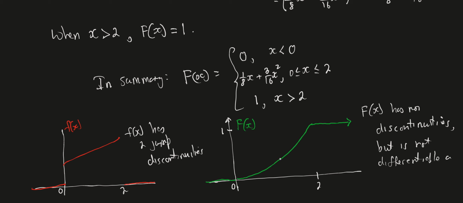The part of the parabola is nice and differentiable, but the same thing happens here. So it's not differentiable at x equals 0 and x equals 2, right? It abruptly starts to accumulate the area, and then once it has accumulated all the area, it abruptly stops at the function value of 1.